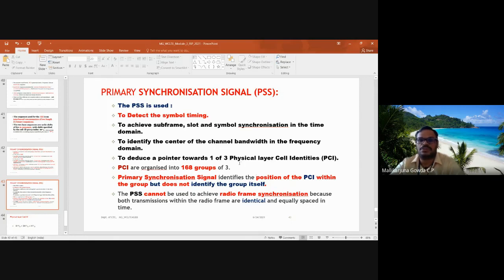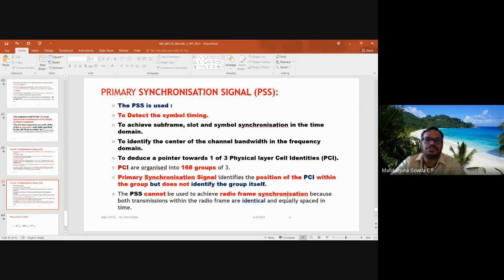So 3 groups are there, right? PCIs are organized into 168 groups of 3. It will identify the PCI within the group, but it will not identify the group itself. It will identify the value of PCI within the group. That's all. So PSS cannot be used to achieve radio frame synchronization.